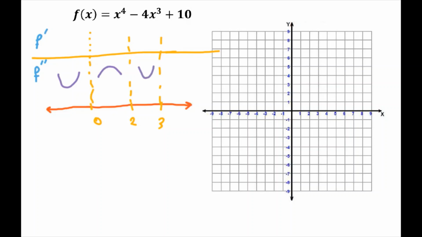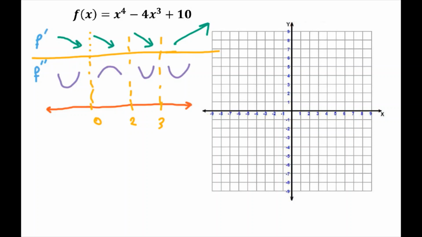Now when it comes to the first derivative, the function was decreasing all the way from 0 to 3, so it is decreasing, decreasing, decreasing, and then increases, right? So that's what we are going to draw.